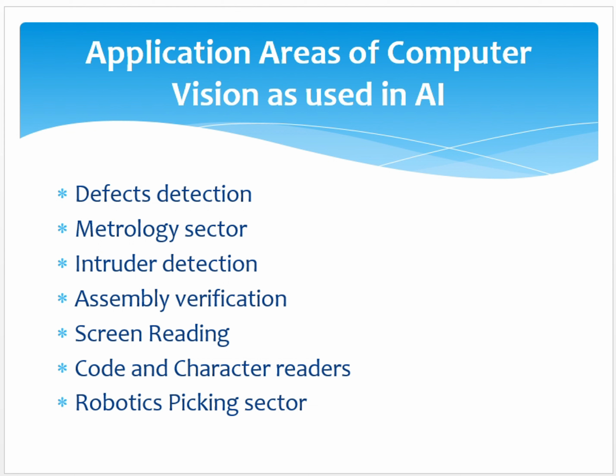Images can be captured to see if the correct and accurate angles have been designed on products and services, to detect defects and intruders. If they happen to step on something in an area, the AI created is able to give feedback.